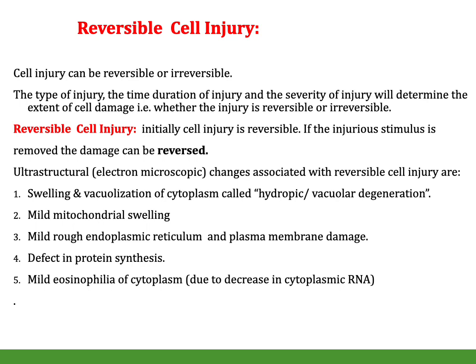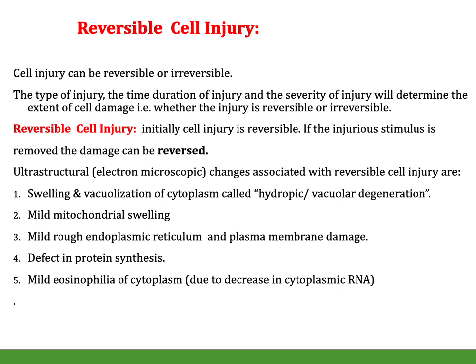If the cell is still swelling, there's something that can still be done. If the mitochondria is swelling to a certain extent, that is still okay. If the rough ER is swollen or has been damaged to a certain extent, it can still be repaired.